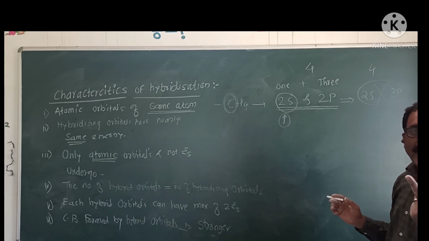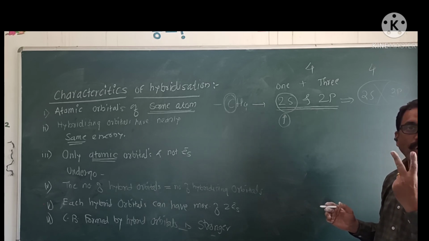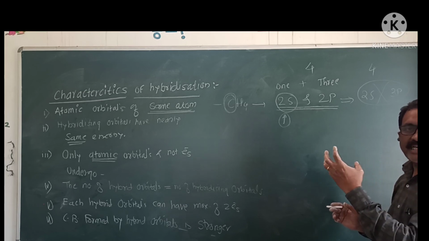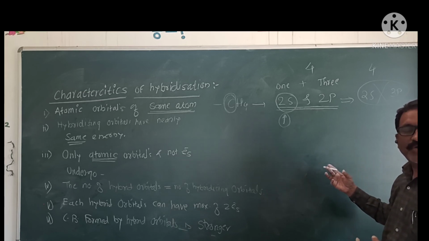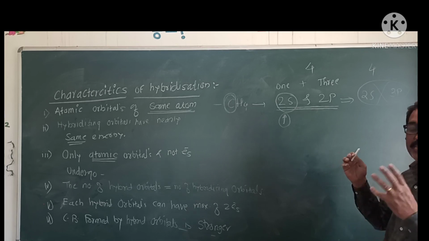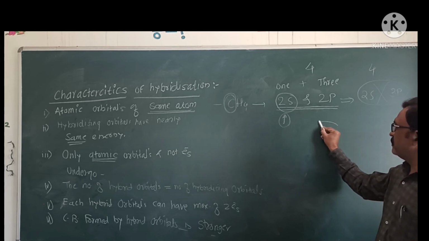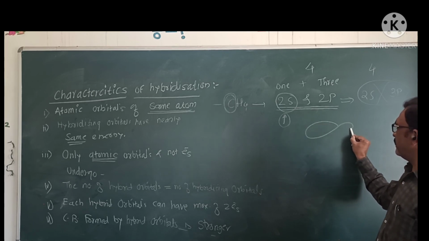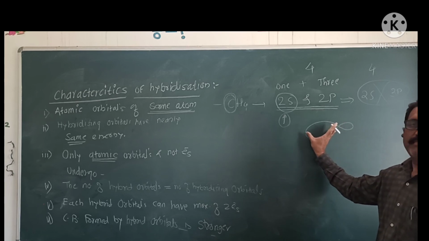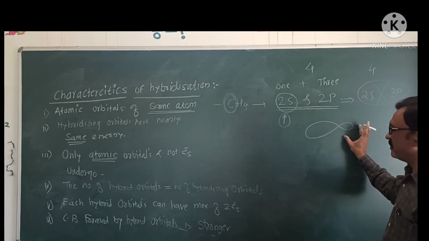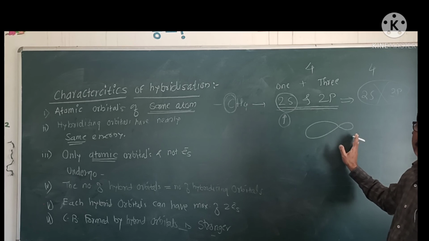This hybrid orbital has 2 lobes. One lobe is larger, while the other lobe is shorter. Out of these 2 lobes, suppose this is a hybrid orbital, one lobe is larger while the other lobe is shorter.